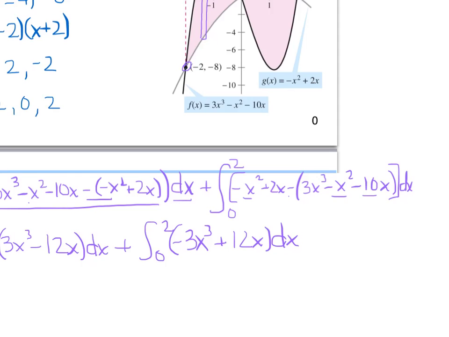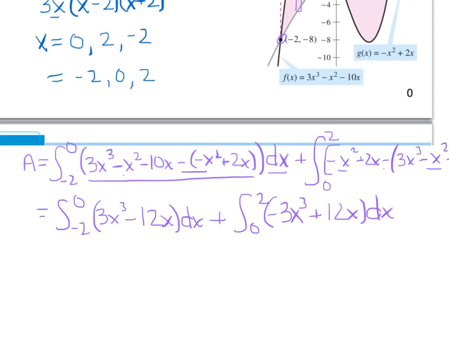dx. So now I'm going to go ahead and integrate everything, and when I do that, we see that we have 3x to the 4th divided by 4 minus 6x squared.